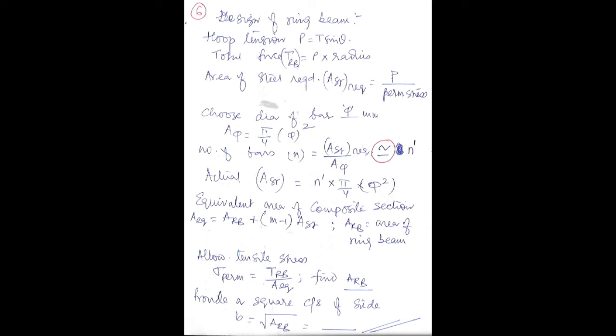So from there you find out ARB and provide a square cross section of side B equal to under root of ARB, because if you know the total area and you assume a square cross section, what is the area of a square? If it is of side B, B square is the area of the square. So the side you can find by under root of ARB.